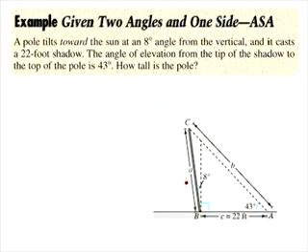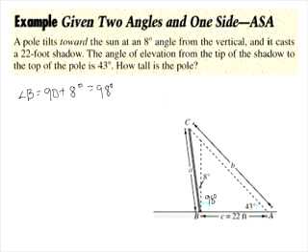So in this problem, we have the right angle labeled, and because a right angle is 90 degrees, to find the measure of angle B is going to equal 90 degrees plus that 8-degree angle. So angle B would equal 98 degrees, and I'm going to label that here now.